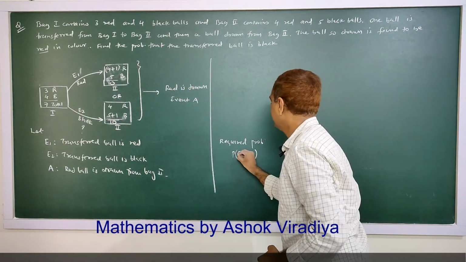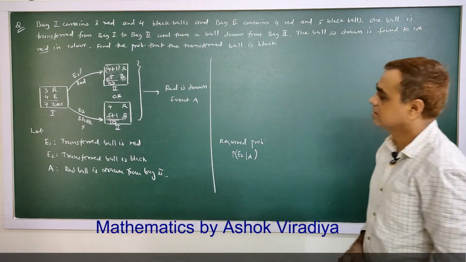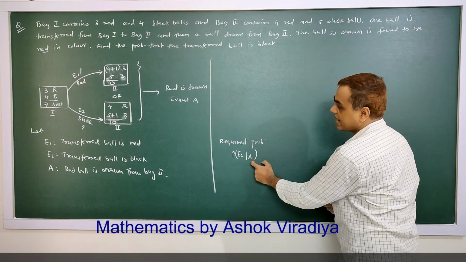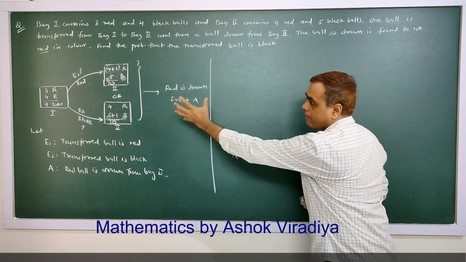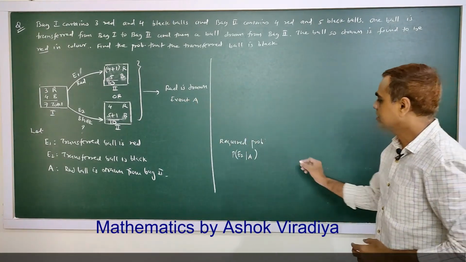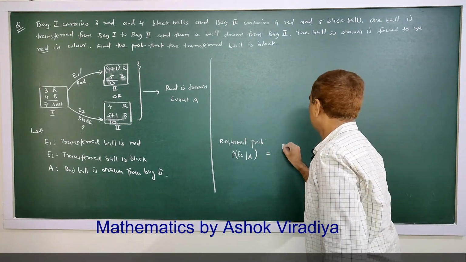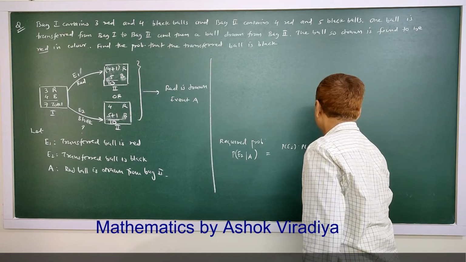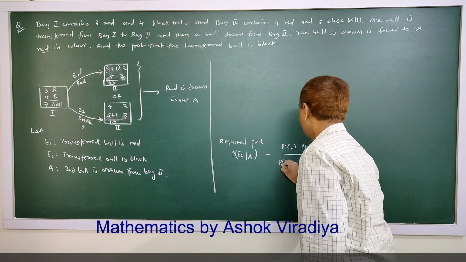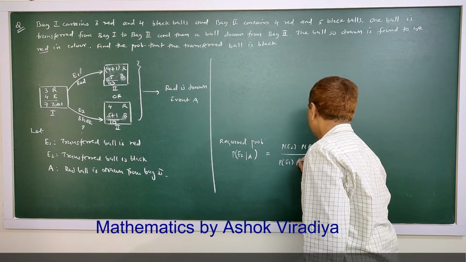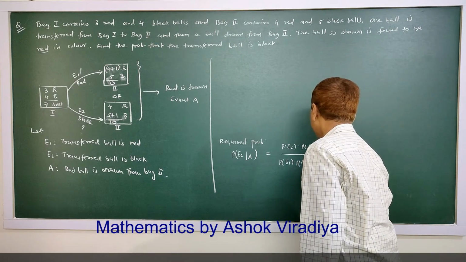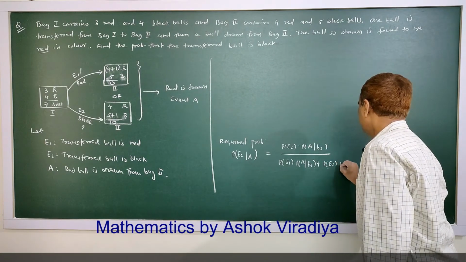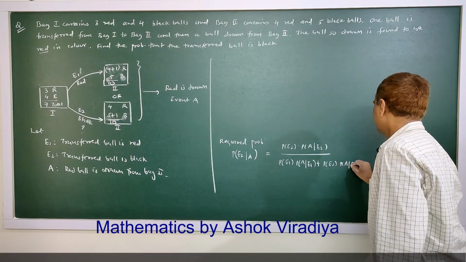So P of E2 by A is required. Find the probability that the transferred ball is black given that red is drawn from bag 2. So by Bayes theorem, it is P of E2 into P of A by E2 upon P of E1 into P of A by E1 plus P of E2 into P of A by E2.